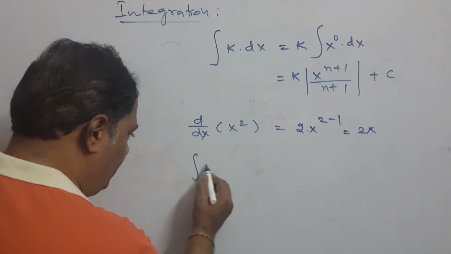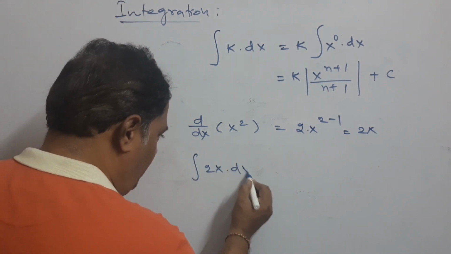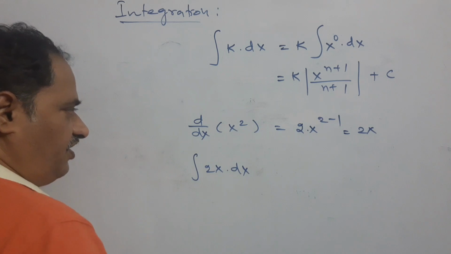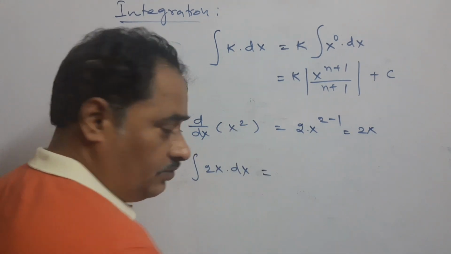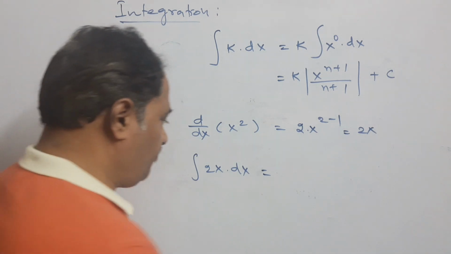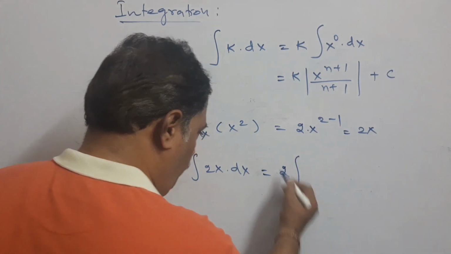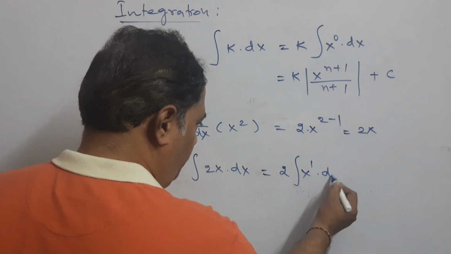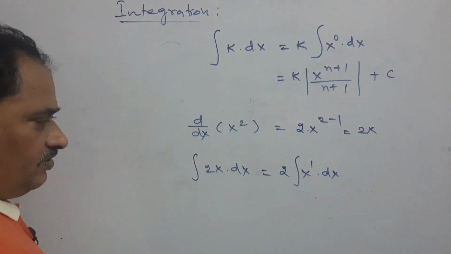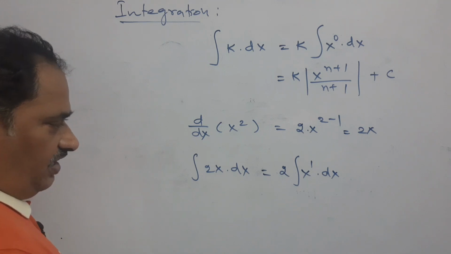If you want to take the integral of 2x dx, if you are integrating, once again you will get x square. How? Take that 2 as a constant outside. 2 into the integral of x, meaning x power 1, dx. Here I don't want to mention any limit.